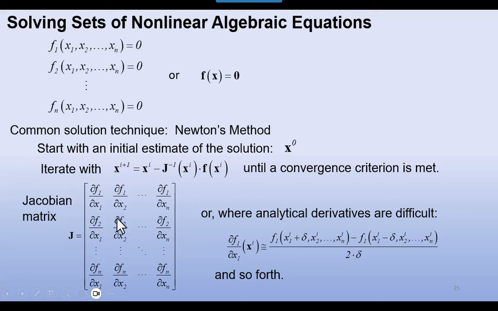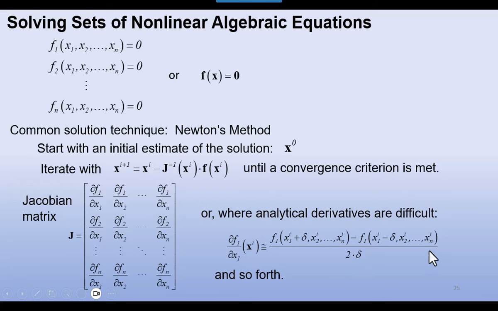So the Jacobian matrix is essentially the partial derivative of each equation, f1 through fn, with respect to each unknown. And there are times where calculating this derivative analytically is either difficult or impossible, in which case we use a finite difference approximation.